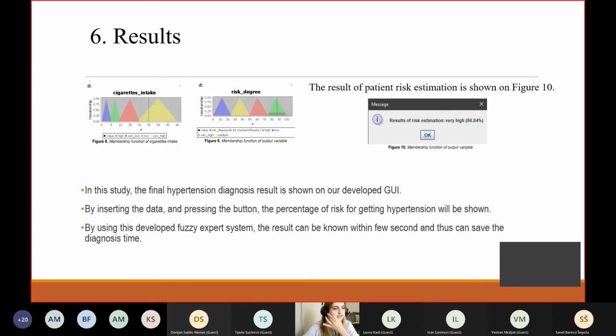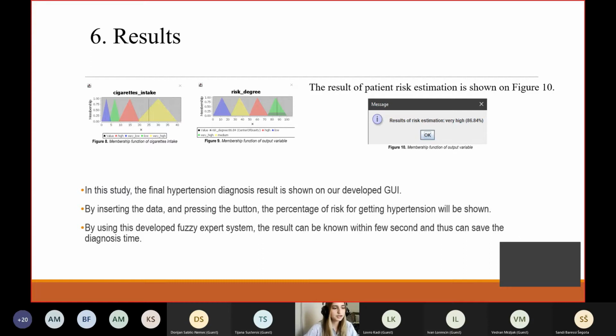Also, in this study, the final hypertension diagnosis result is shown on our developed graphical user interface. By inserting the data and patient information and pressing the button, the percentage of risk for getting hypertension will be shown.